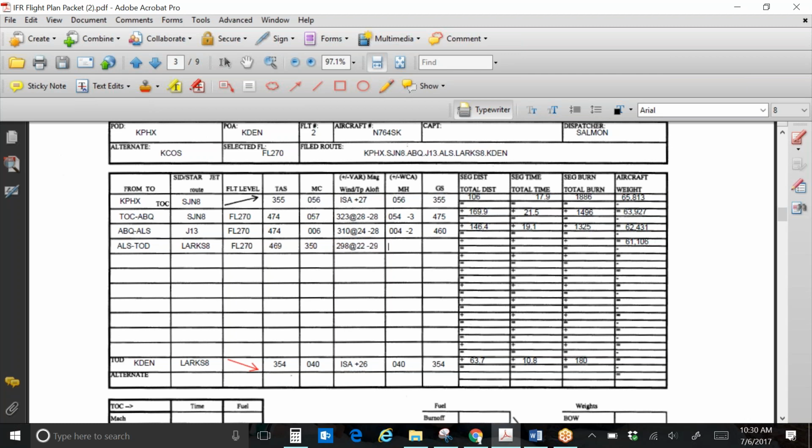Okay, so back to the whiz wheel. So 298 at 22, need to remember that, and then I'm heading 350. Okay, here we are on the whiz wheel, getting rid of that previous mark. Okay, so go back down to 400.